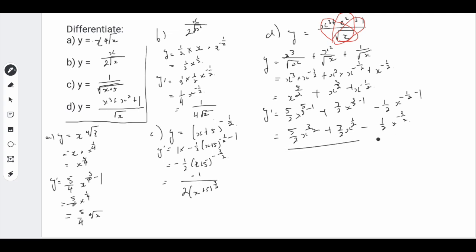And you can just leave your answer like this, probably is fine as well. Unless your teacher specifically tells you that they really don't like negative indices, well then that's fine. We just have to rewrite this term as minus 1 over 2 x to the power of 3 on 2. And this would be the answer to this question here.